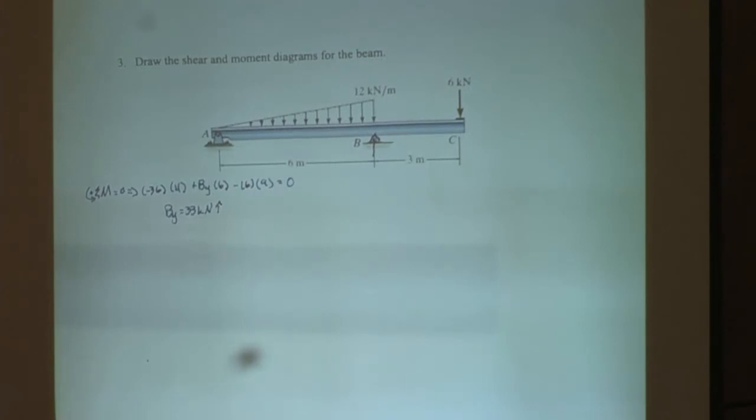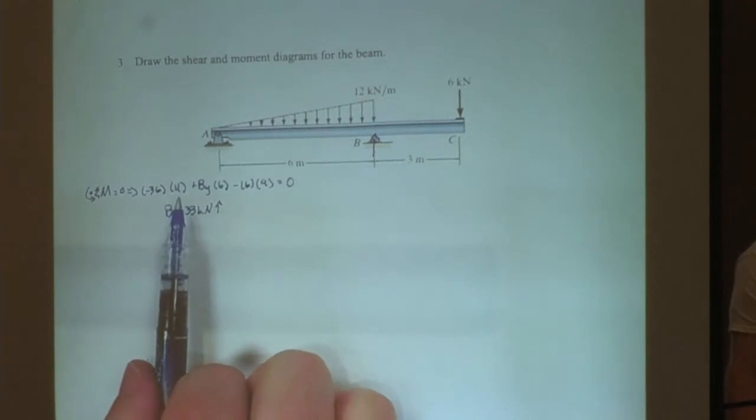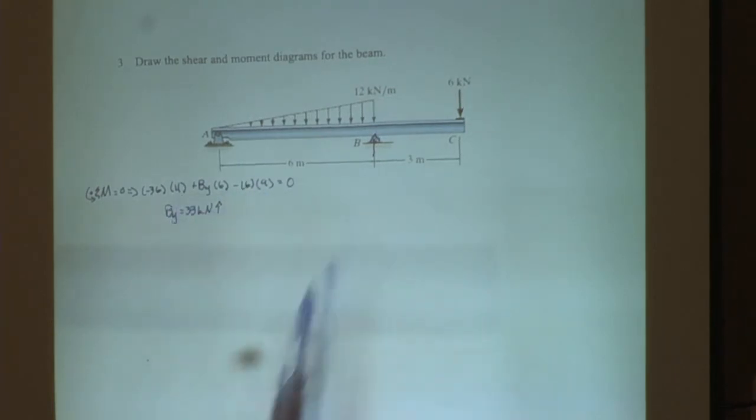Why is the distance 4 when you're doing distributed? So this is 6 meters, right? Yeah. Where's the force resultant for a triangle?